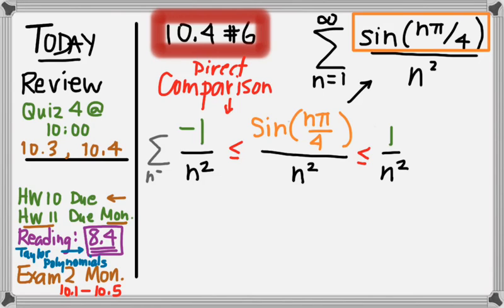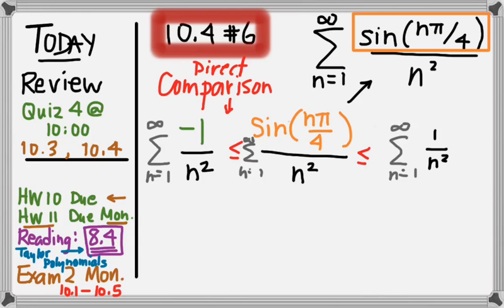The sum, n running from 1 to infinity, of minus 1 over n squared. And over on this side, the sum, n running from 1 to infinity, of positive 1 over n squared. And in the middle, we're going to have the sum, n running from 1 to infinity, of sine of n pi over 4 over n squared, which is what we're really interested in.